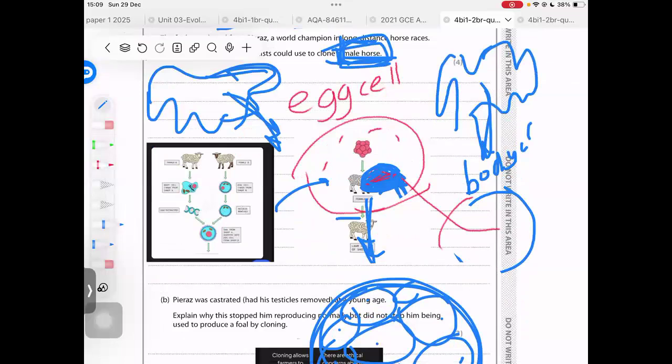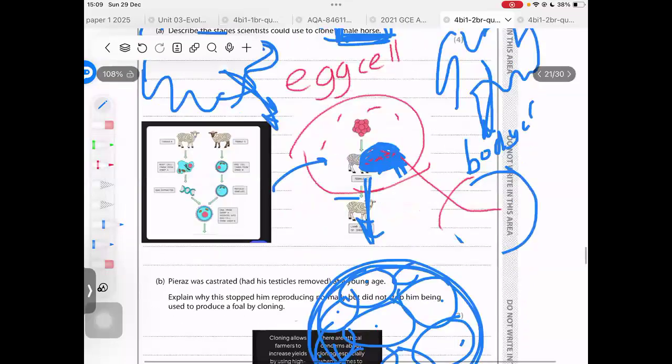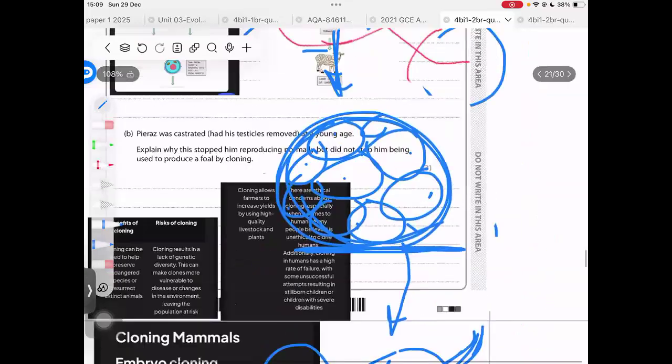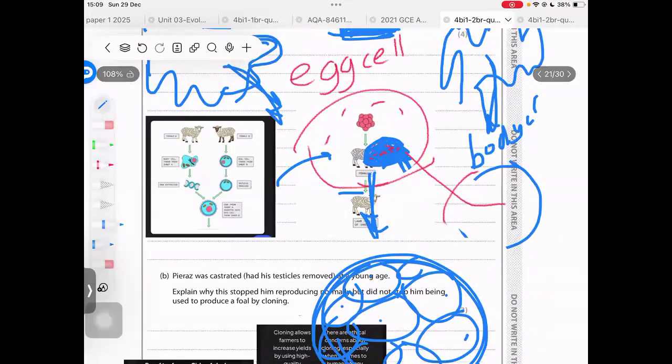So all the DNA in that male host is also in the baby's DNA.